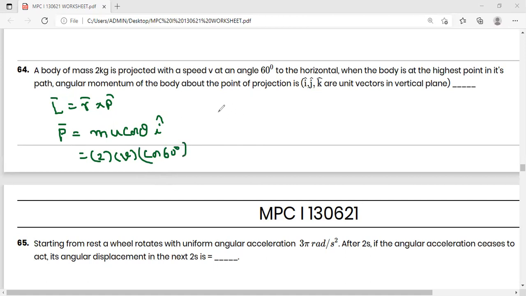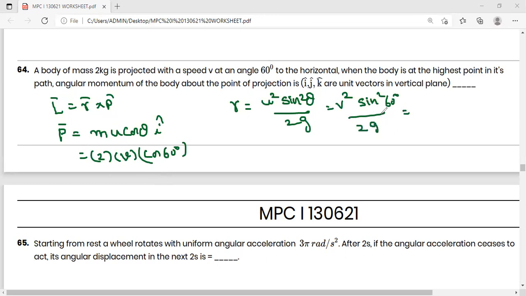And what about the position vector r? r is nothing but the maximum height at that particular point. What is the formula for maximum height? Maximum height will be u square sin square theta by 2g. So u square means v square, sin square theta in the sense sin square 60 degrees, by 2g.